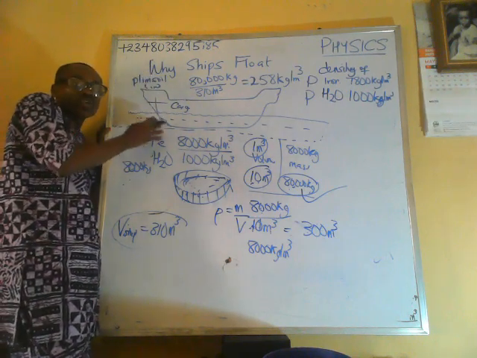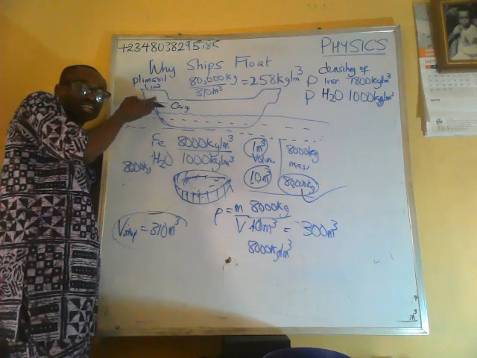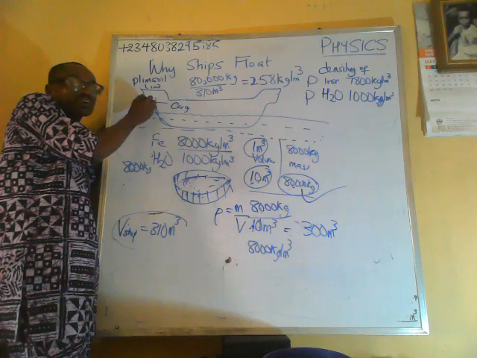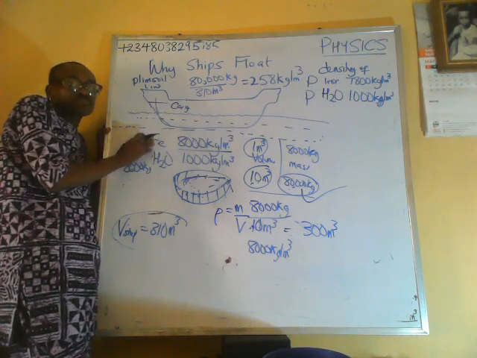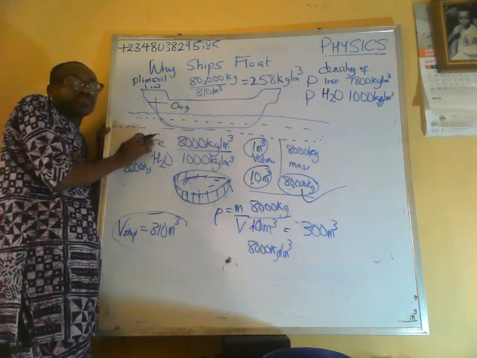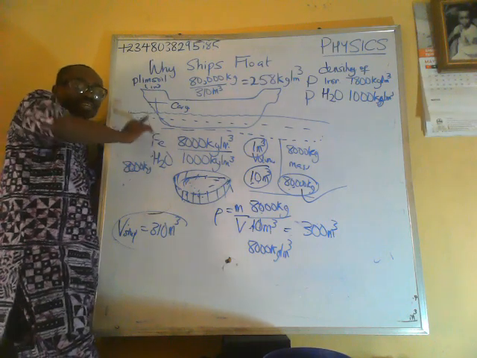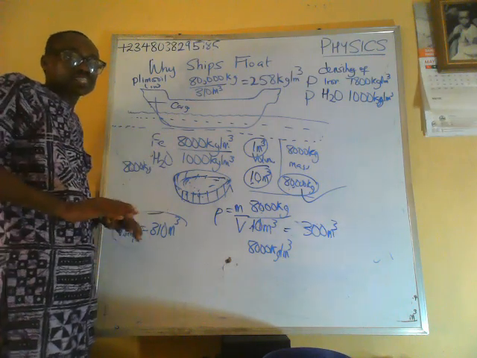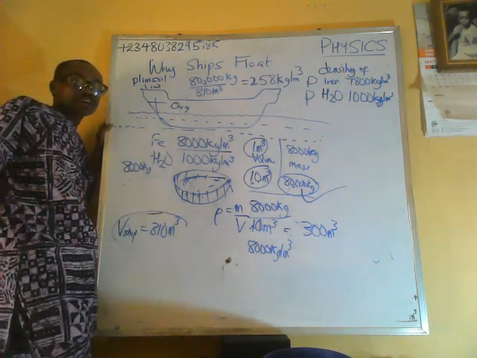So when they are loading and they take note that the water level is approaching the Clemson line, they have to stop loading. They have to stop loading, because as the ship is being loaded and mass is increasing, the ship will get submerged. Will start getting submerged in the water.